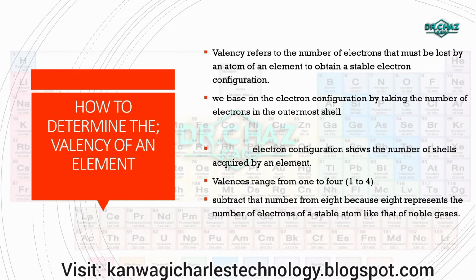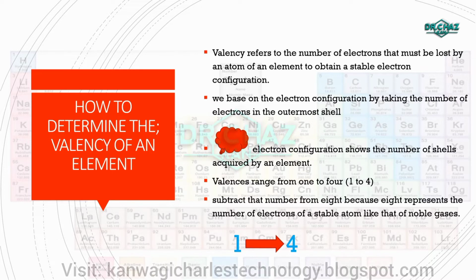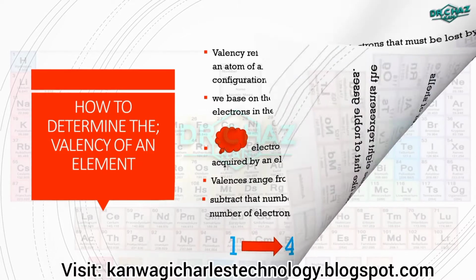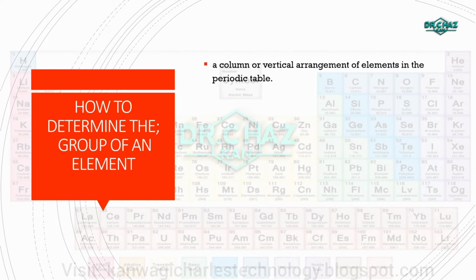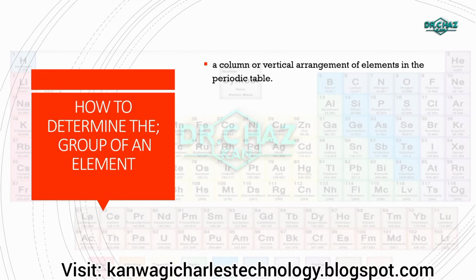So we move to how to determine the group of an element. A group is a column or vertical arrangement of elements in the periodic table. When you saw the periodic table in the first image, the columnar or vertical arrangement of elements shows the group.